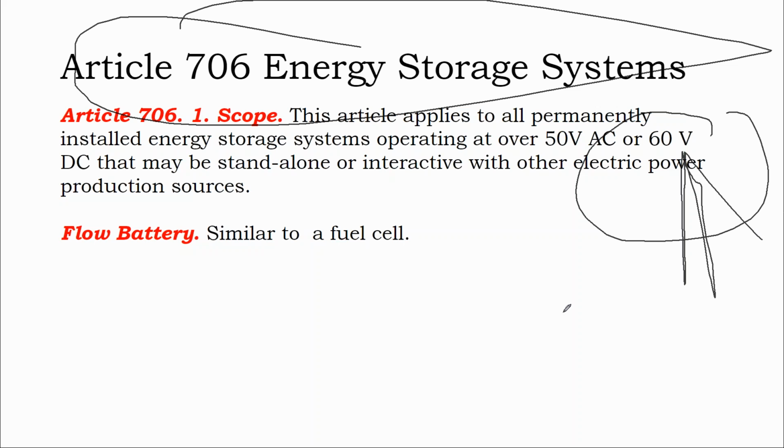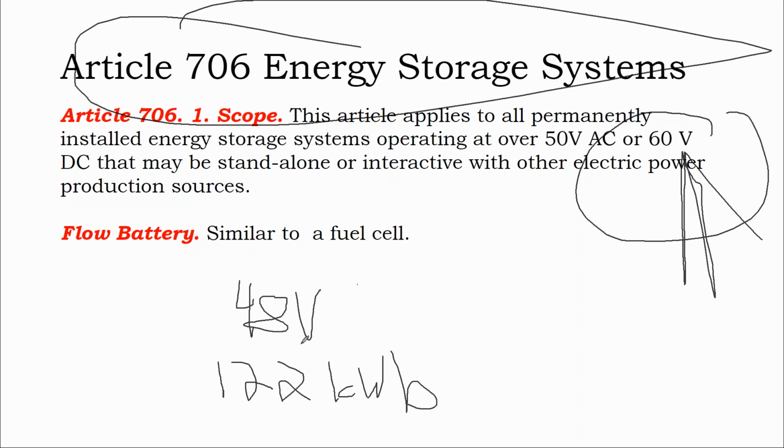But what I know about lead acid on a 48 volt nominal battery bank is that by the time you're getting up to 122 kilowatt hours, which is about what you need to start really providing whole house off grid to most solar homeowners, you're getting up into... a volt times an amp is a watt.